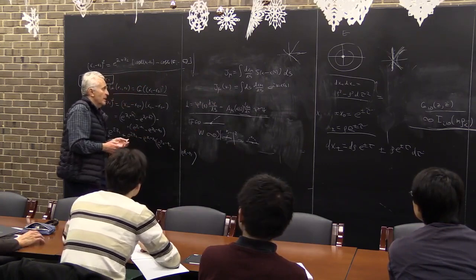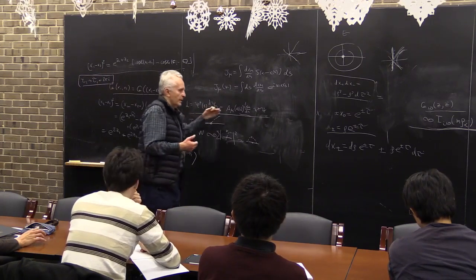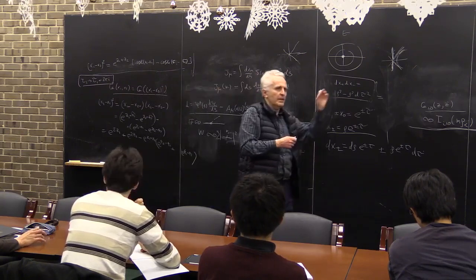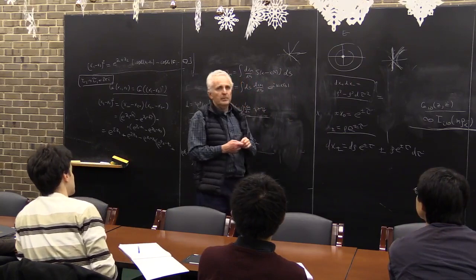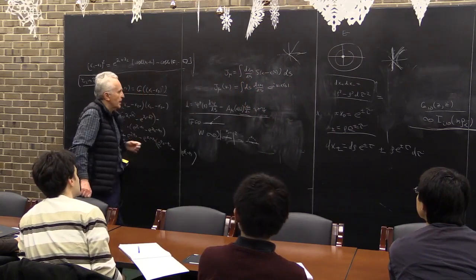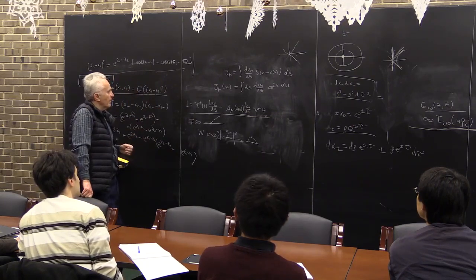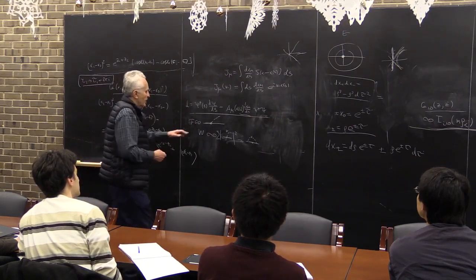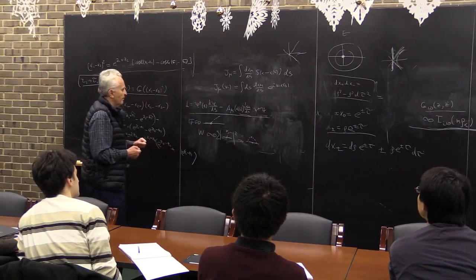Now, how do we calculate the classical probability that a particle emits a photon? A particle moving along a particular trajectory emits the photon. What is the probability? So I'm asking about the value of this diagram.